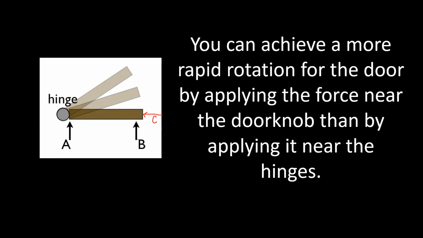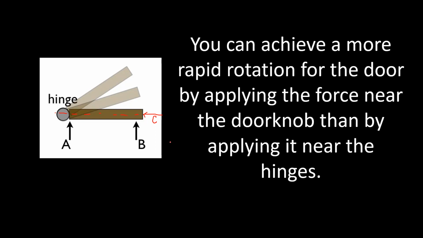C may be the same strength as B and A, but you won't be able to cause the door to rotate if you apply force C such that it is parallel to the door and passes through the hinge. The line of force passes through the axis of rotation. In that case, you may apply the same amount of force, but you won't be able to rotate the door.